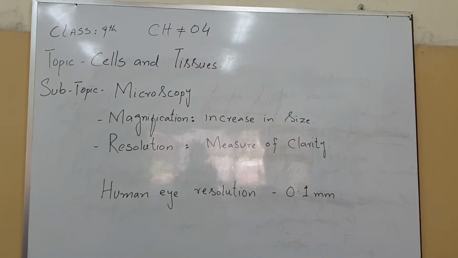And if the distance changes from 0.1 to any other figure like 0.2, 3, 4, 5, it means that the human eye cannot resolve it or clearly see it, because the resolution is 0.1. So below 0.1 and up to 0.1, the human eye can see. So that is the resolution or the clarity of the human eye.